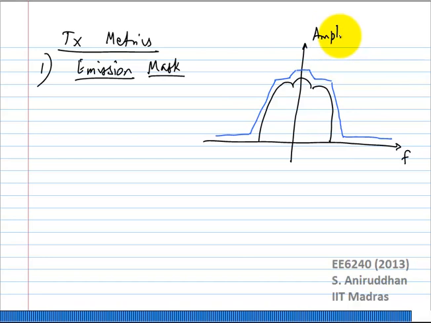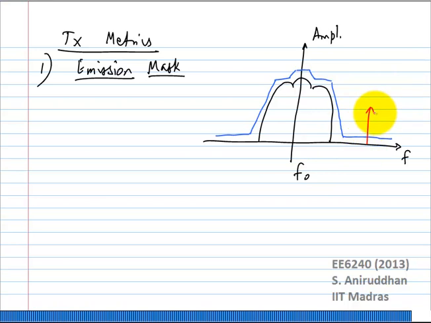It will tell you, if you're transmitting at a frequency F0, then from this offset to this offset, the power level can be so much. After that the power level should not be higher, and from this offset to this offset, the power level should not be higher than this. For example, you may not be allowed to have something like this standing out.